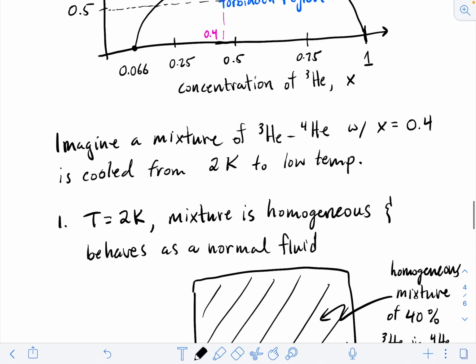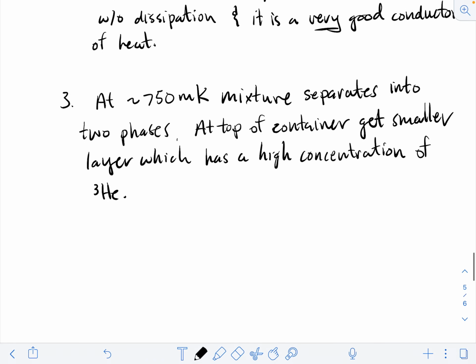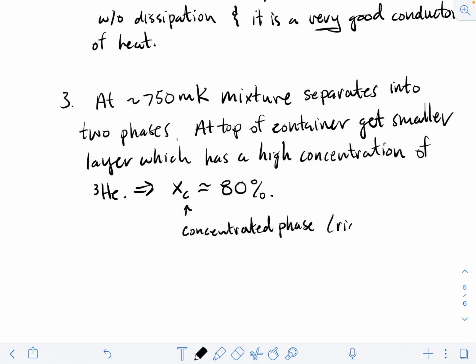And so if we go look at our picture, at this temperature of 0.75 Kelvin, the concentration is about 80% in this top layer. Okay, and so XC is around 80%. Okay, so C here means the concentrated phase, which is rich in helium-3.